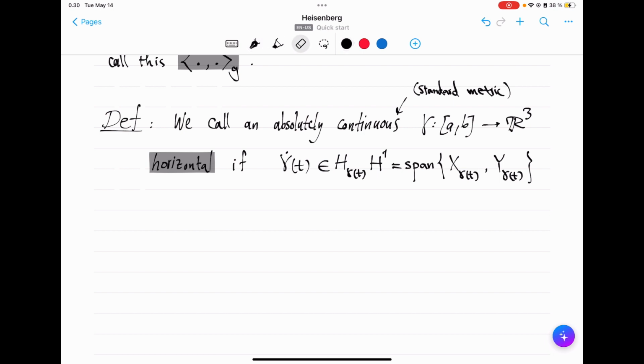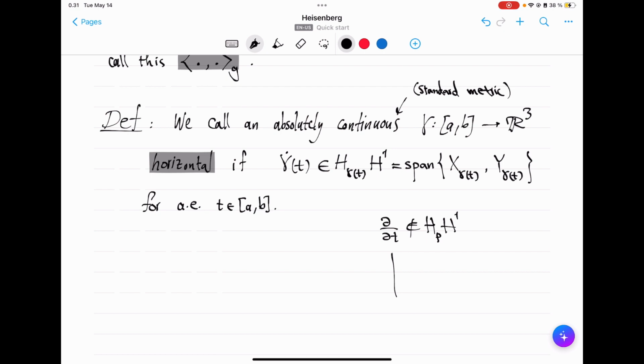So this should be true for almost every t in (a, b). This also means that if gamma prime of t is simply parallel to partial t, it won't be horizontal, because this does not belong to the horizontal subspace at any point p.